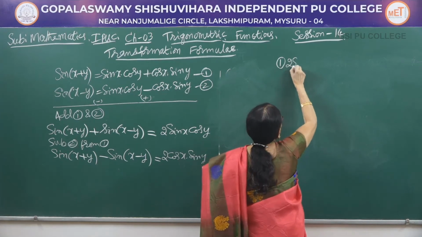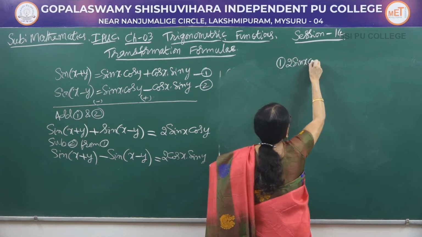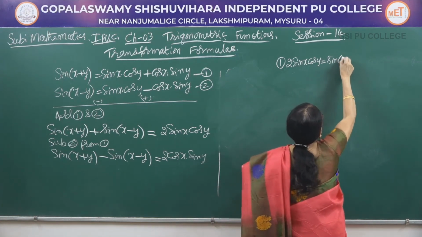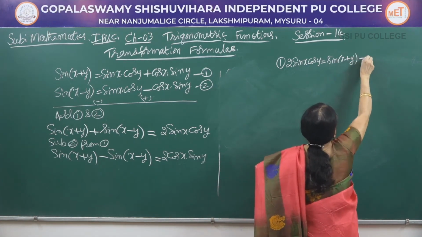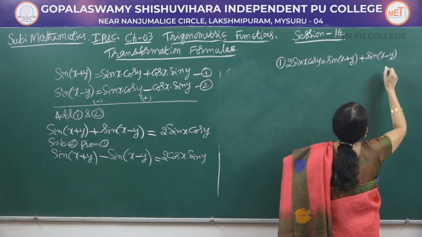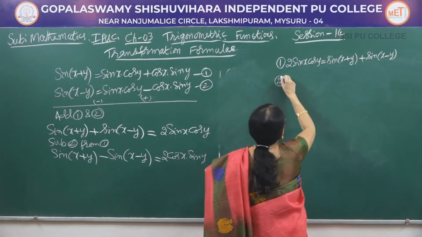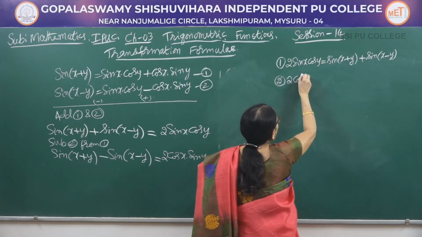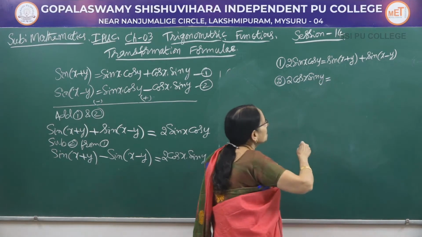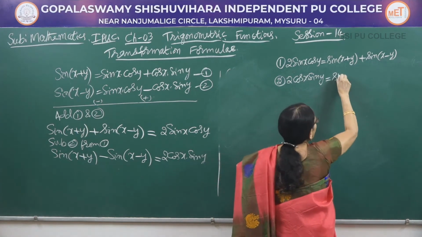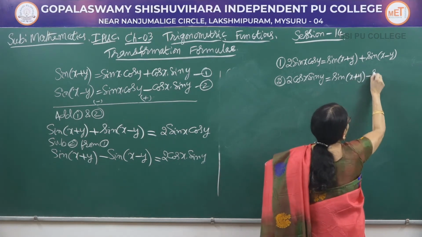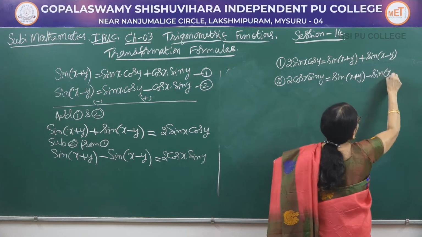First one is 2 times sin x into cos y would be equal to sin of x plus y plus sin of x minus y. Now the second formula, here also I am considering a product of sine and cosine, that is 2 cos x sin y. Here it is written as sin of x plus y minus sin of x minus y.